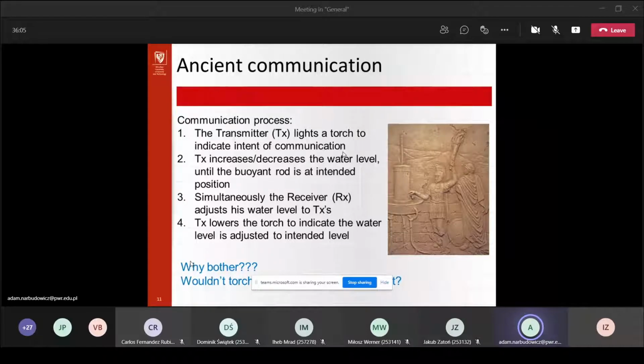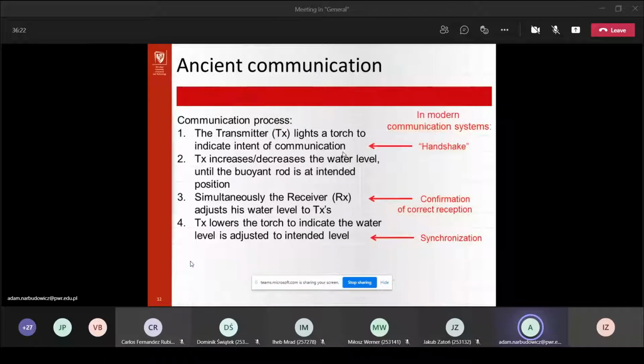Because the water level moves continuously, you actually never know which one is just some transient value and which one is really the information that you want to transmit. So we have here kind of a synchronization problem, right?